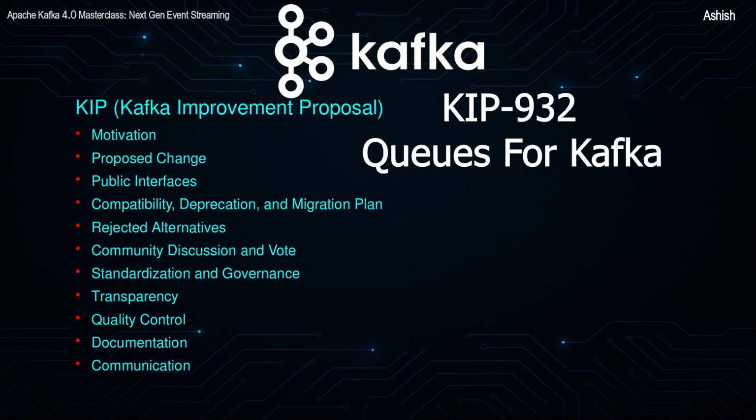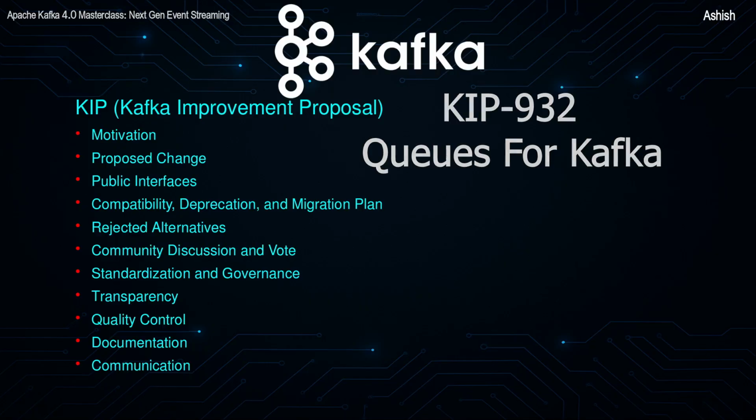This KIP aims to bring more traditional queue-like semantics, specifically share groups, to Kafka, expanding its use cases beyond pure event streaming. It's available in early access in Kafka 4.0. So it's still in development, not available for use in production.